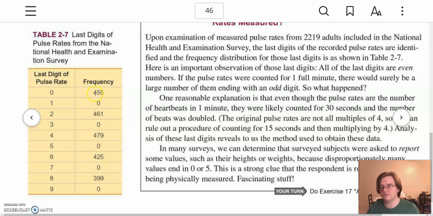So even though there's 455 times we got a reading with a 0 as the last digit, we never got one with a 1, a 3, a 5, a 7, or a 9. This would indicate that the instrument we're using only measures to the nearest even number, and it will never give an output where the last digit is a 1, 3, 5, 7, or 9.